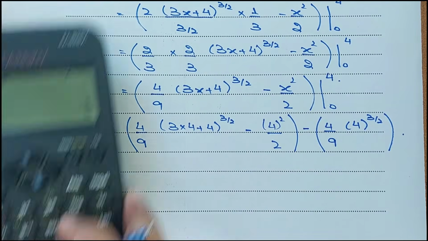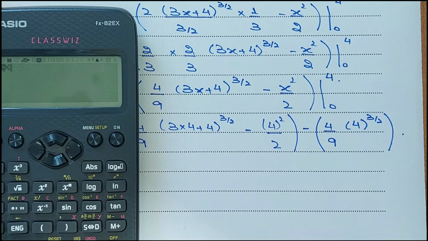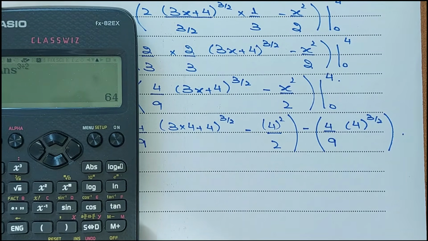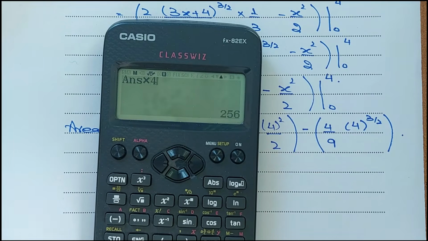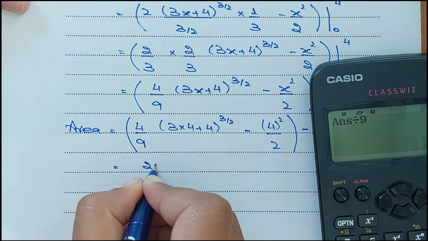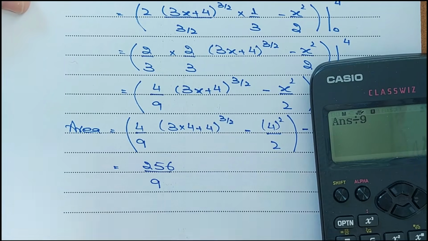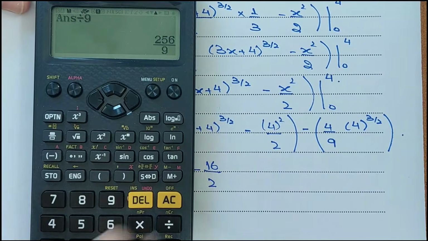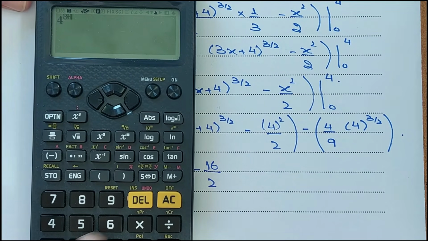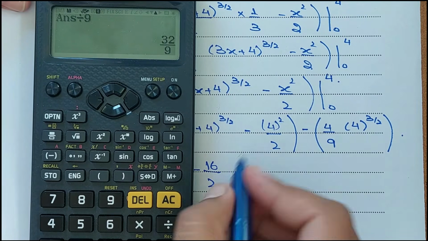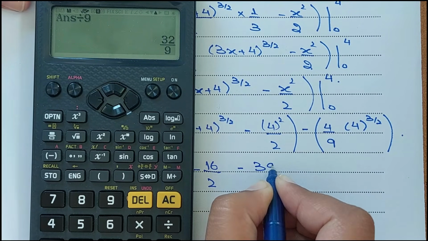Simplify this. We have 3 times 4 is 12 plus 4 makes 16, its power is 3 by 2, which is 64, times 4 divided by 9, which is 256 over 9. 4 squared is 16 over 2, and minus 4 to the power 3 by 2 times 4 divided by 9 is minus 32 over 9.